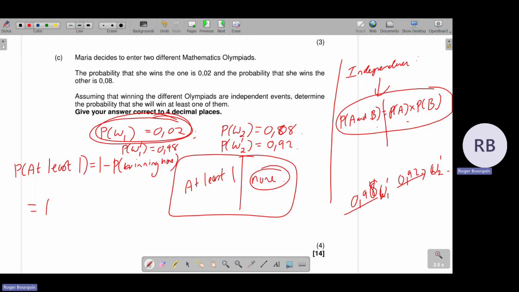So it's going to be 1 minus 0,98 times 0,92. Give it to 4 decimal places. The question says give it to 4 decimal places.